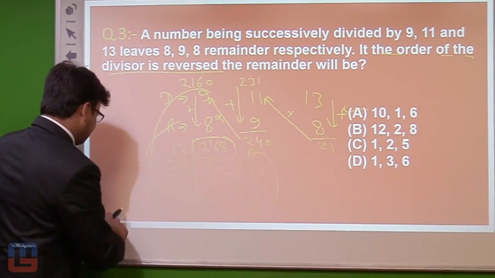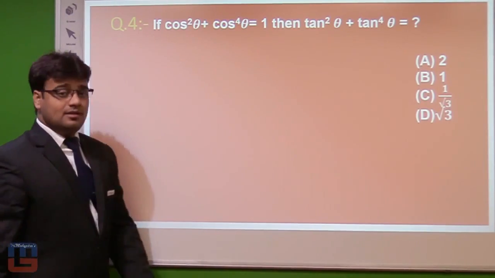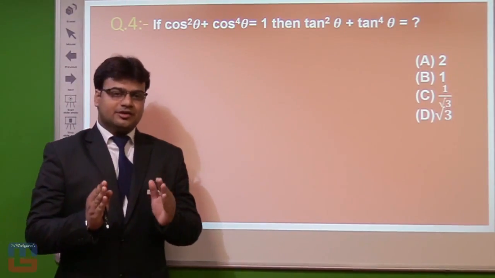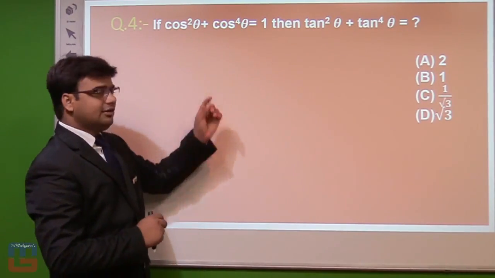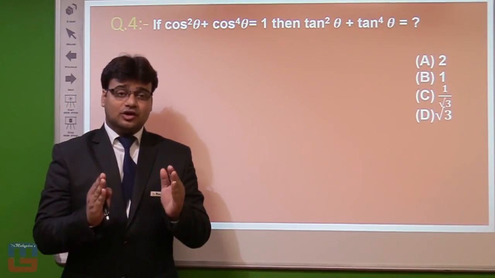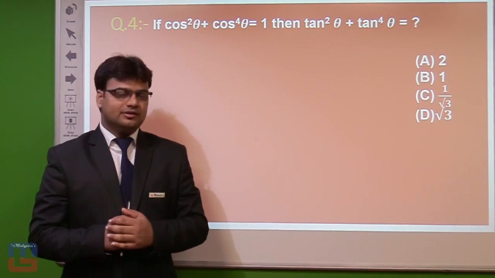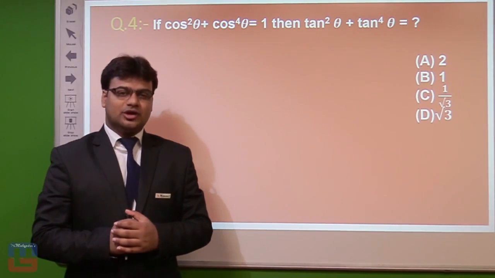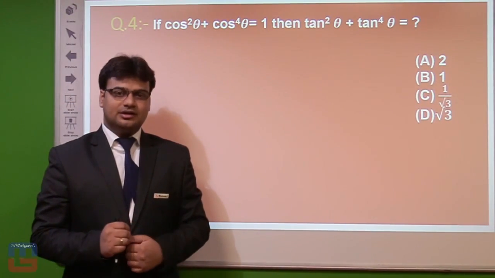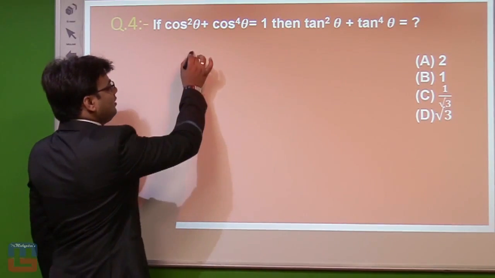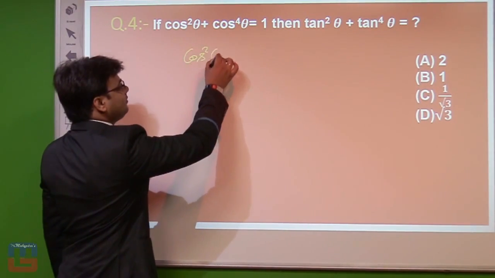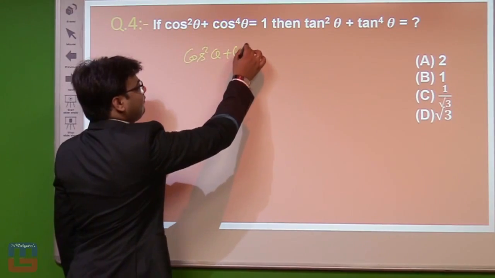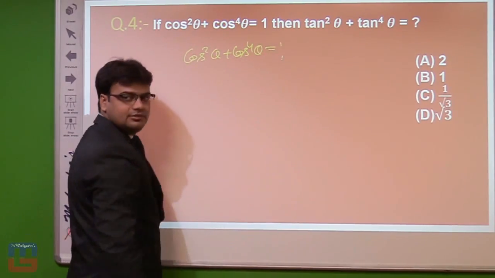Check what our next question is. It's a question based on trigonometry. Here the question is that cos square theta plus cos to power 4 theta is equal to 1. Then find the value of tan square theta plus tan to power 4 theta.